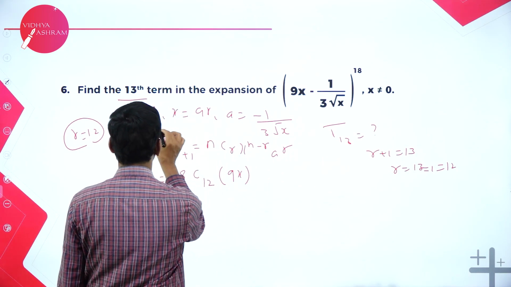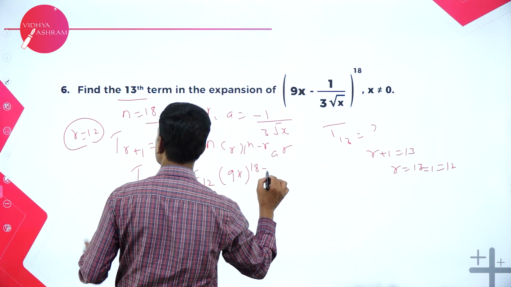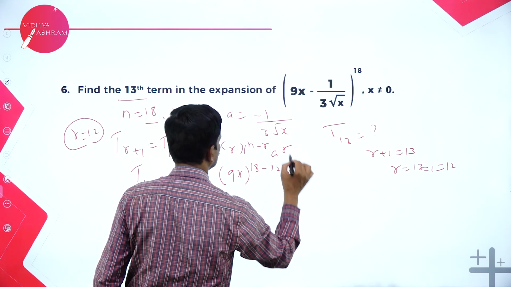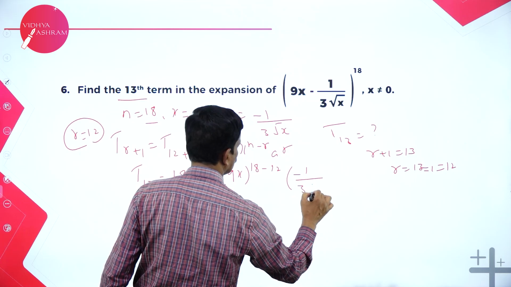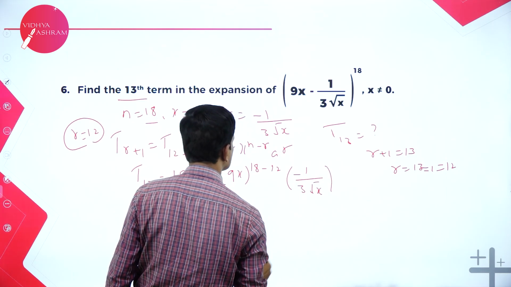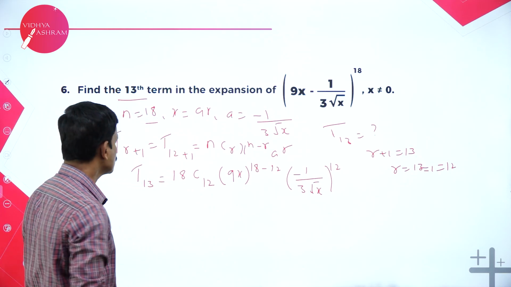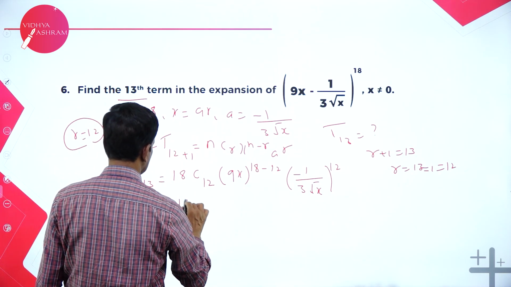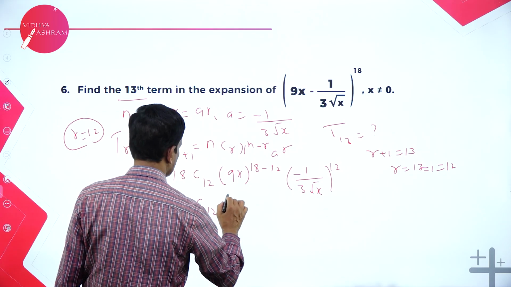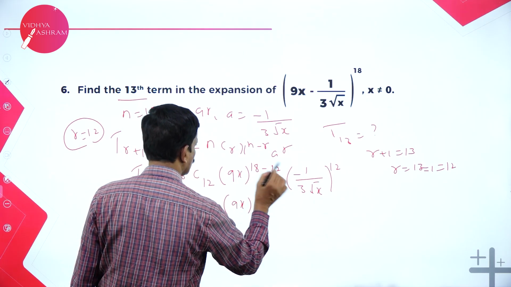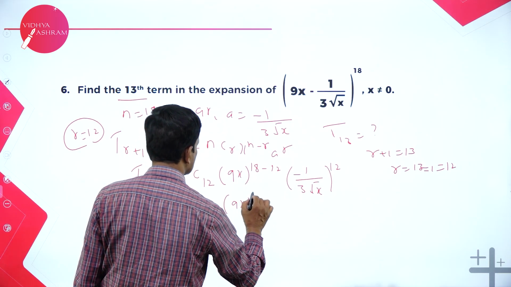n is equal to 18 minus r, which is 12, into a, minus 1 over 3 into root x to the power of r, which is 12. Simplify this. So this is 18C12, 9x to the power of 18 minus 12, which is 6.